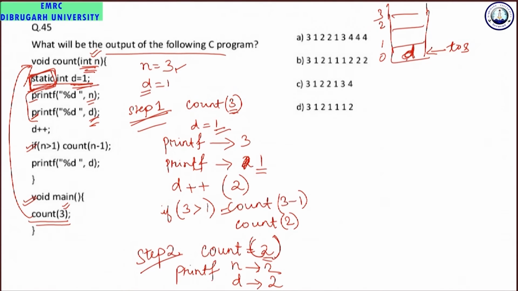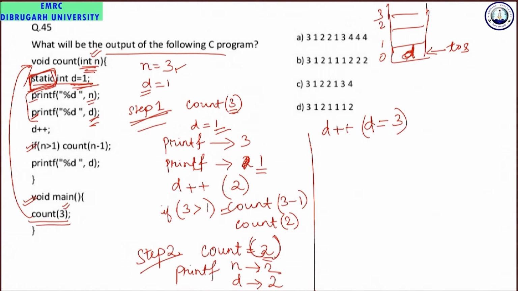Okay. Now, after that we do d plus plus. So, the value of d becomes 3. Okay. So, it is equal to 3 now.